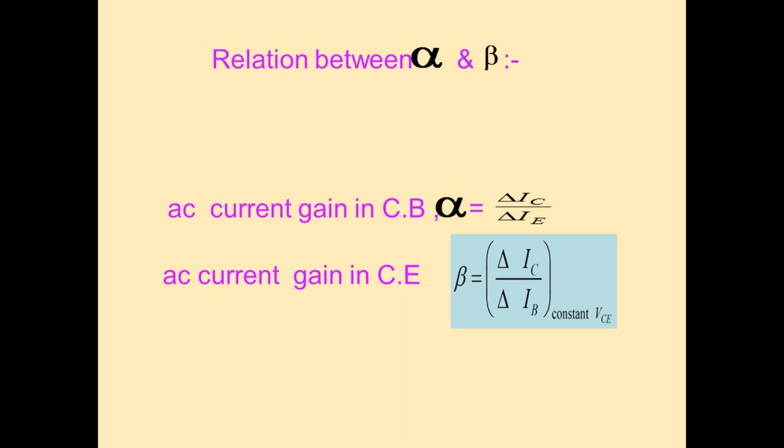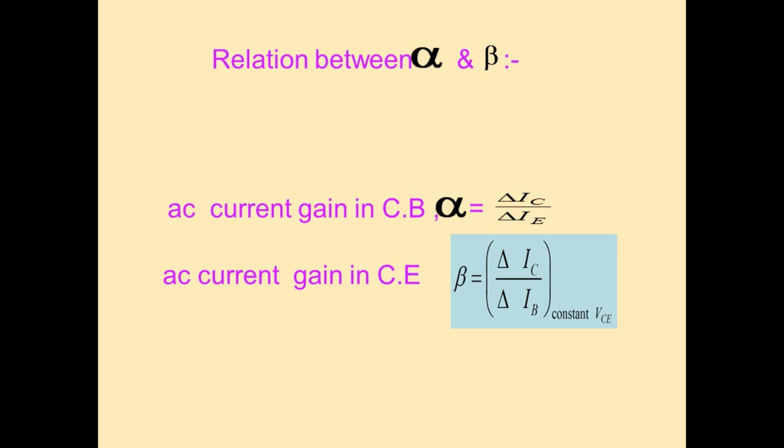Alpha, beta and gamma. Alpha is the current amplification factor in CB mode. Beta is the current amplification factor or current gain in CE mode.